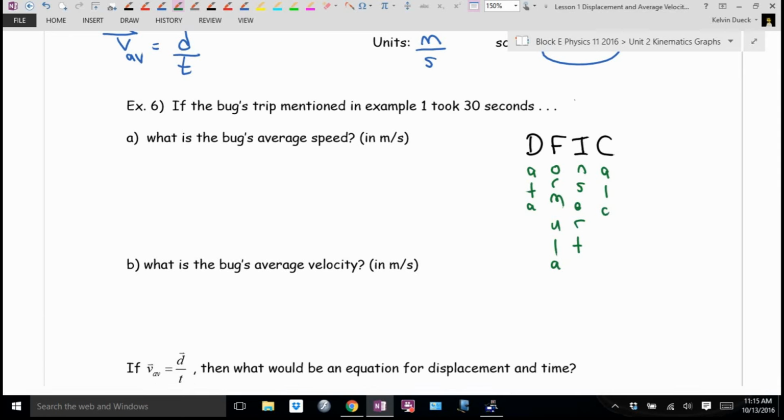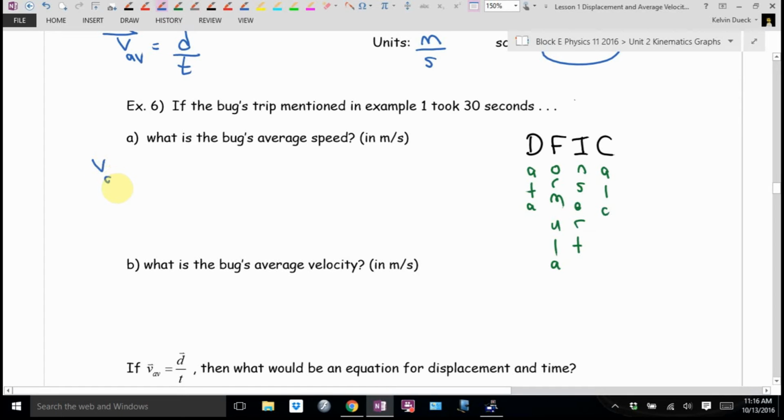When in doubt, DFIC. And I'll show you what I mean. And again, Eric, as you get good, you'll start to take shortcuts. But anytime I get to a really complicated question, you'll see, heck, even in Physics 12, I start listing stuff that they gave me, because as I do so, it will also twig certain approaches, certain variables, certain things that I can do. Eric, in part A, what are they asking me to find?